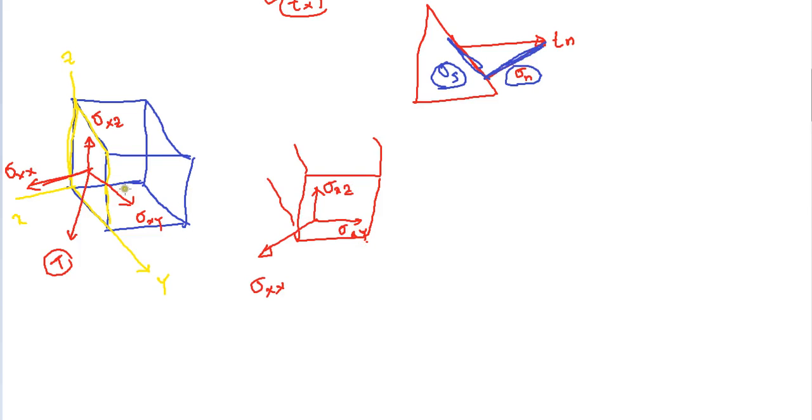So for three-dimensional cases, we found one component perpendicular to the plane and two components parallel to this plane. We know that the components parallel to any plane are called shear components of the stress tensor, and the one perpendicular to the plane is the normal component.